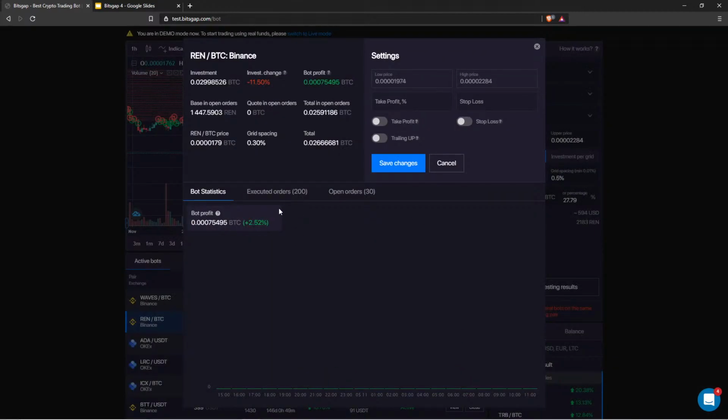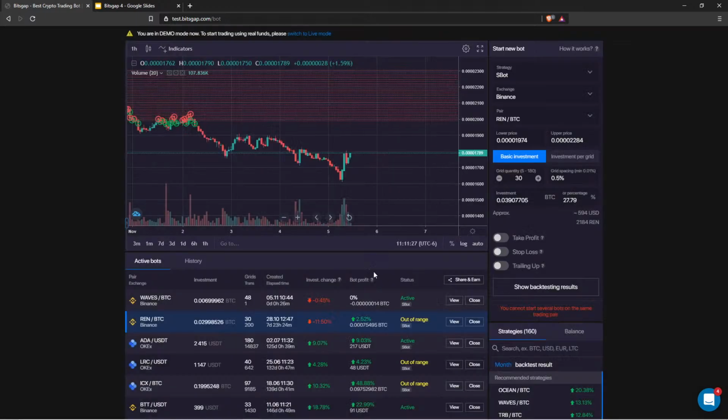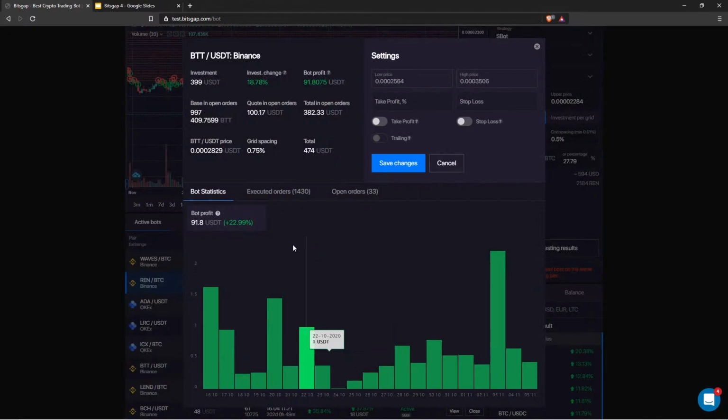And another cool thing here, let's switch to another one, is that you now have the exact overview of the profit generated by the bot in the quote currency on a daily basis. So let's say I'm interested how many USDT my bot has managed to generate on the 17th of October. And here you get this information.